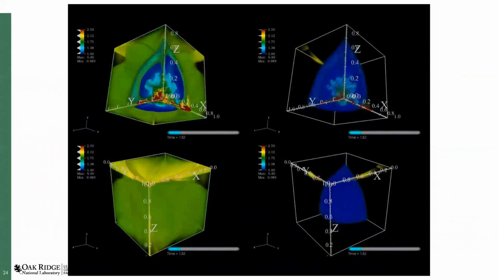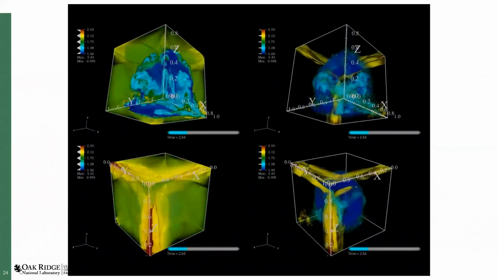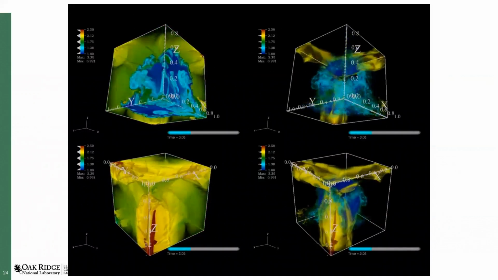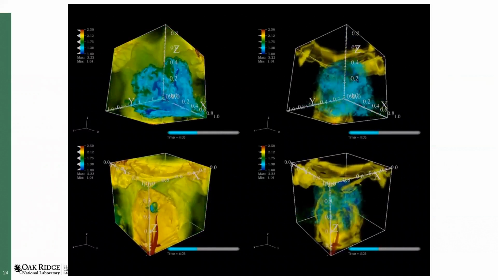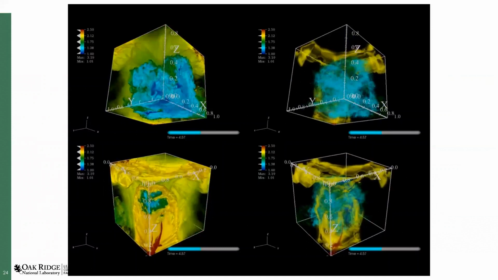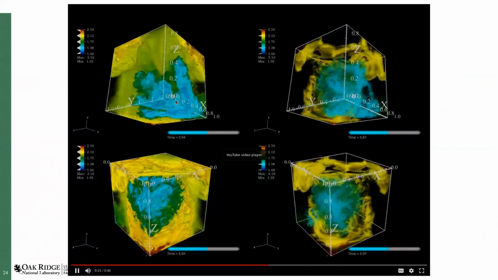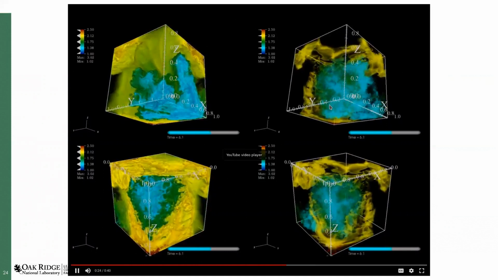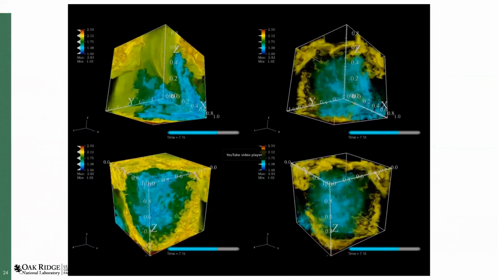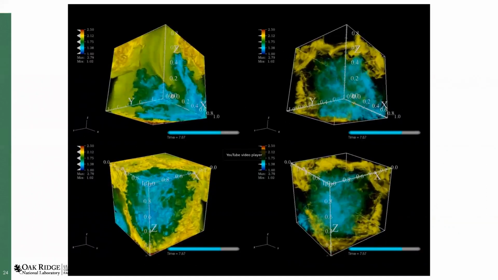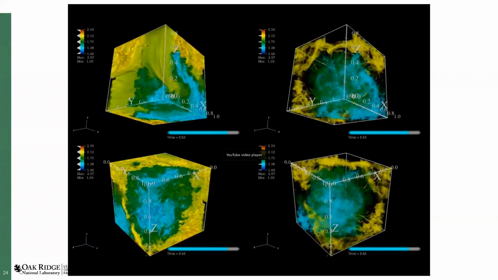This is done using about 2 billion cells using 125 GPUs when we first started our porting, just to see if we can do this and how everything works correctly. The left and right here are just different volume plots, and the top and bottom are just different perspectives of the same box.